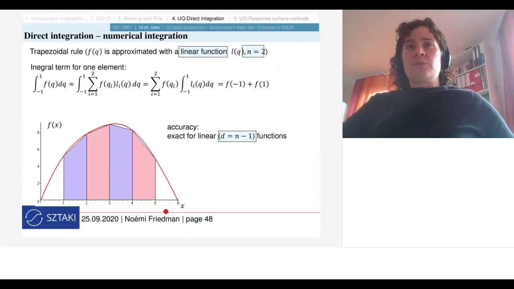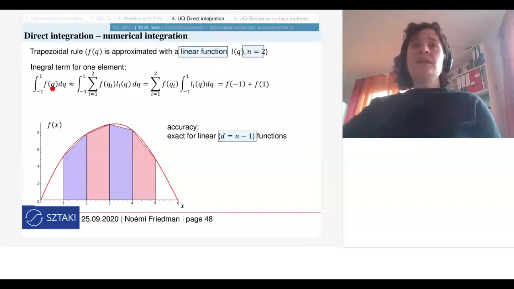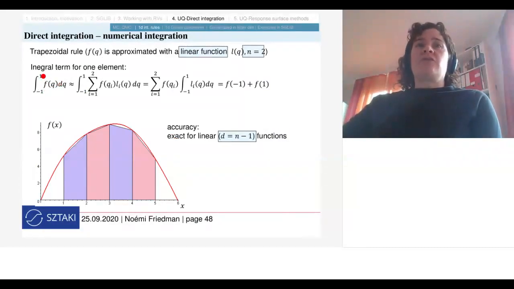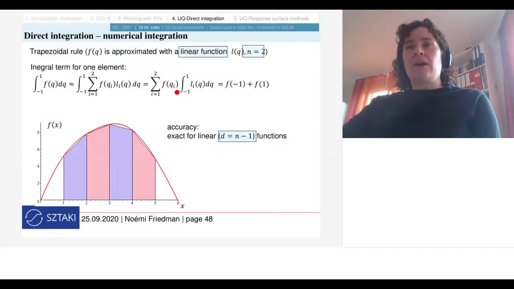And if I use this approximation, then I can write the integral of f of q by this linear combination. And as these are just scalar values, I can take them out of the integral term. And what I have here, I get a weight from the integrated version of the Lagrange functions.